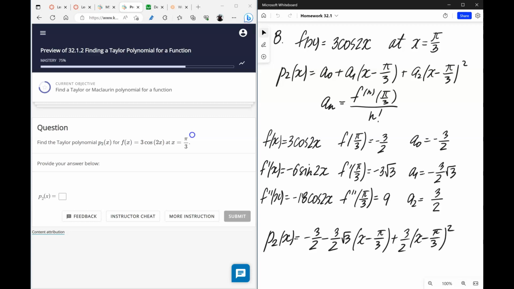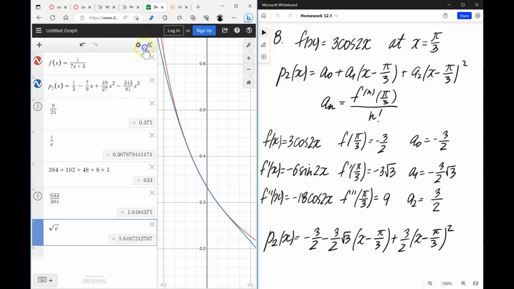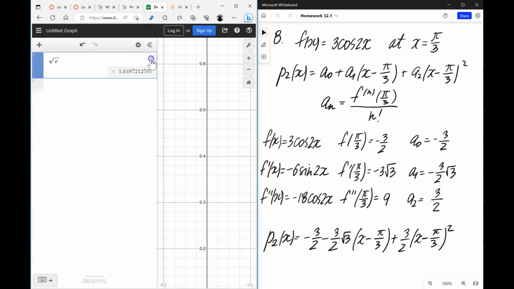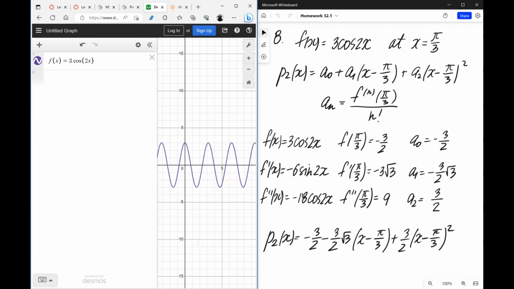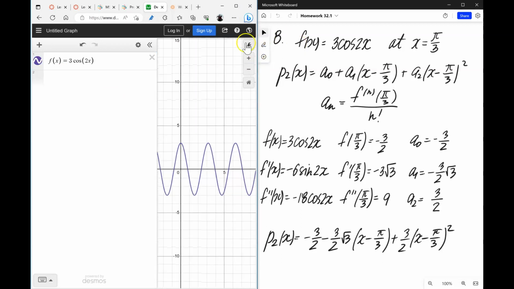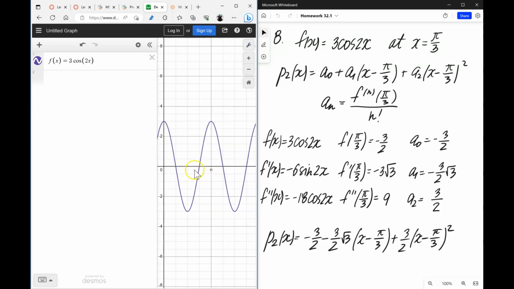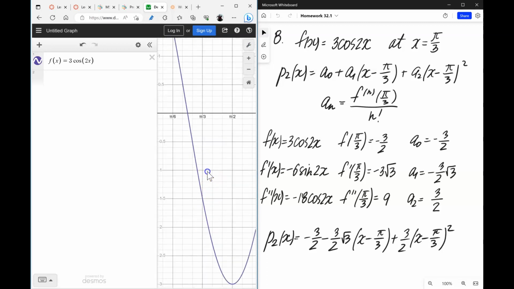And this is something that we can actually play with here, so we can graph it. So let's graph 3 cosine of 2x, and let's take a look at the graph of this function, but we're looking at pi over 3. So at pi over 3 will be somewhere right over here.